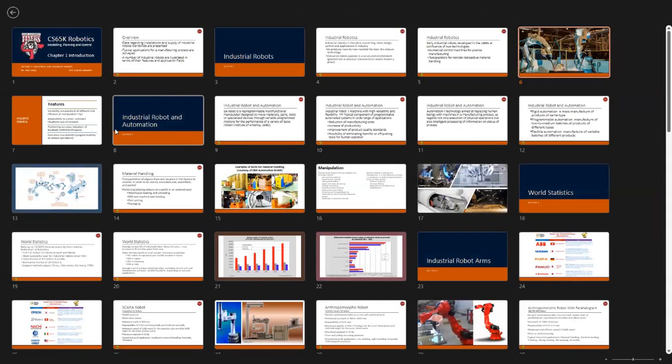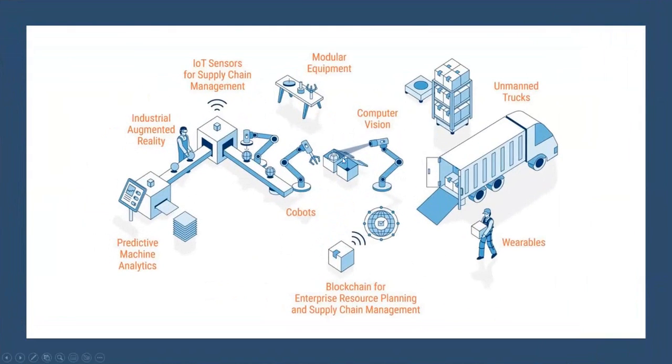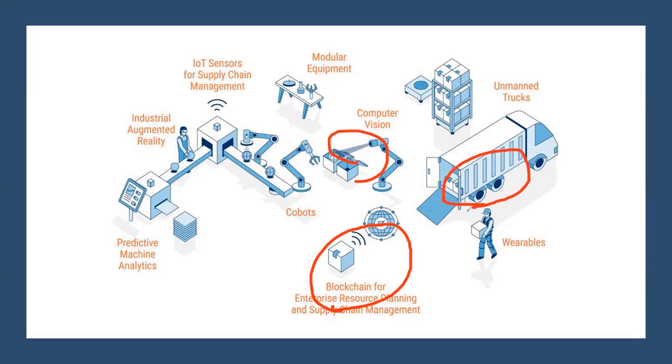Industrial robots usually include different things, including computer vision to check something, and including blockchain. You register the data for the product, and then know where it's shipped, the parcel, who can pick it up, and then my unmanned vehicle delivers the product.